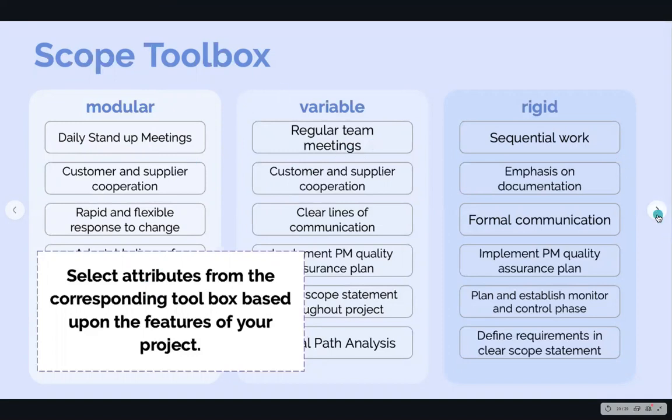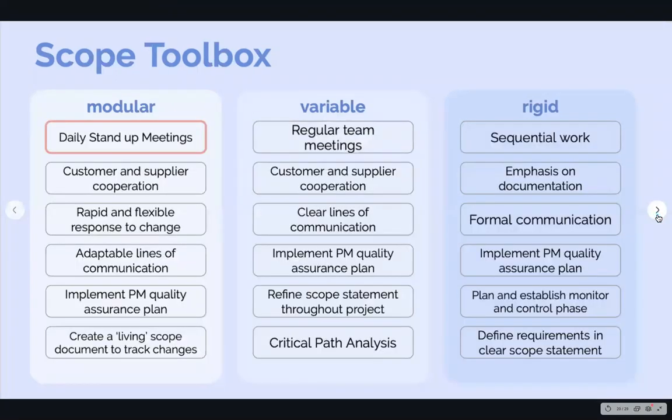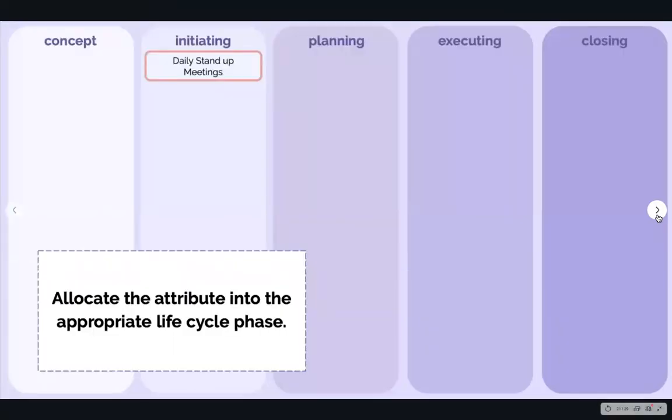We take that and figure out which life cycle phase this attribute would best fit in. When it comes to meetings, that would be your initiation phase. That's when your idea was created, and now you're going to have meetings with stakeholders and the different teams to start putting a plan together.